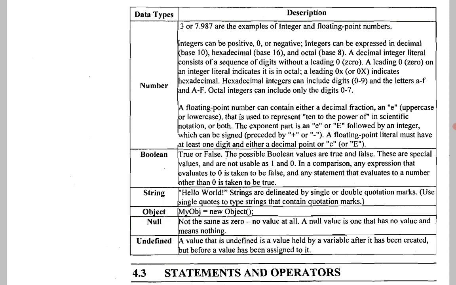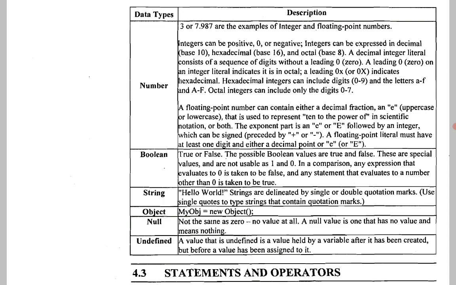Integers can be expressed in decimal, hexadecimal or octal. A floating point number can contain either a decimal fraction or an exponentiation e symbol, used to represent 10 to the power of in scientific notation, or both.